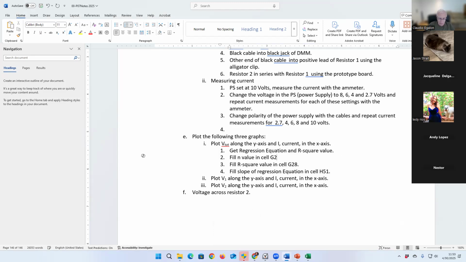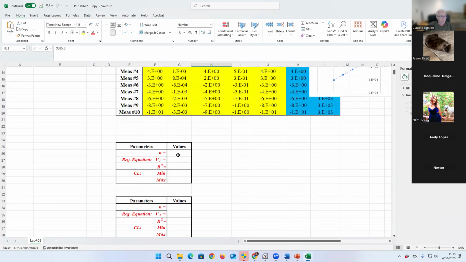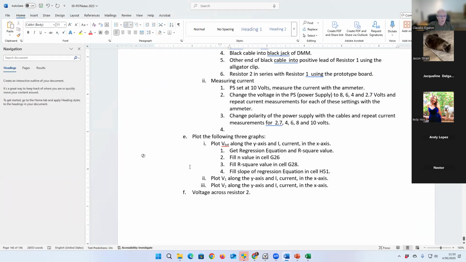No, it's not G27, it's G26. Yeah, G26. Okay, and fill the regression equation in cell G27, fill the R-square value in cell G28. Fill slope in cell H51.